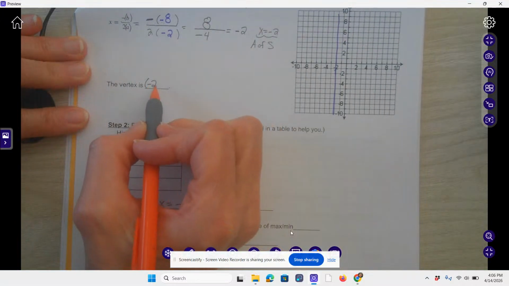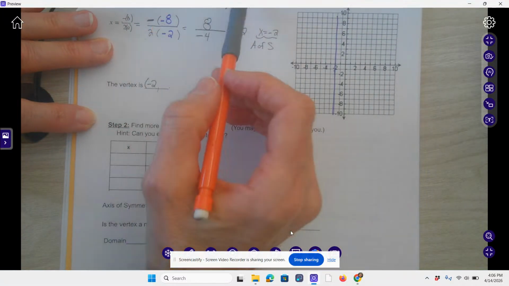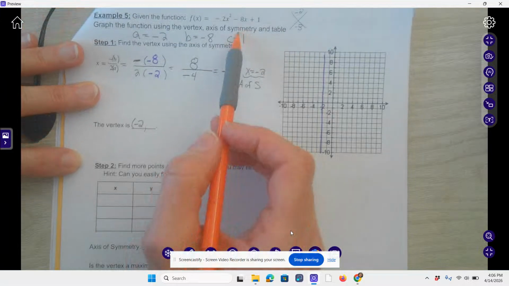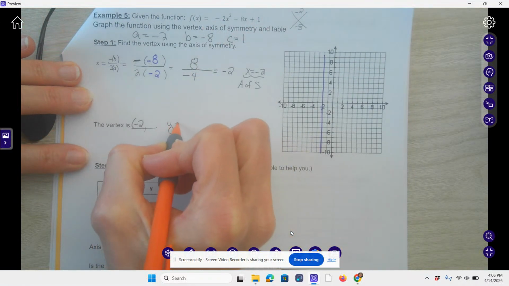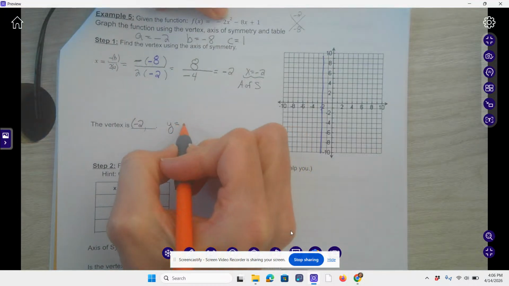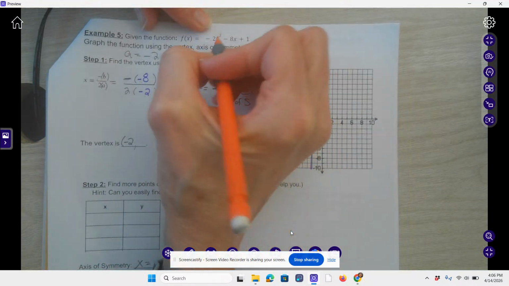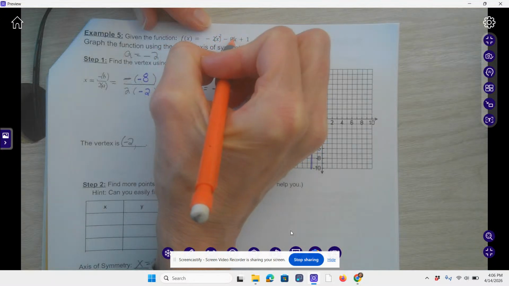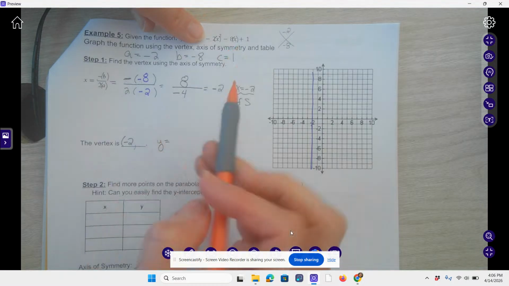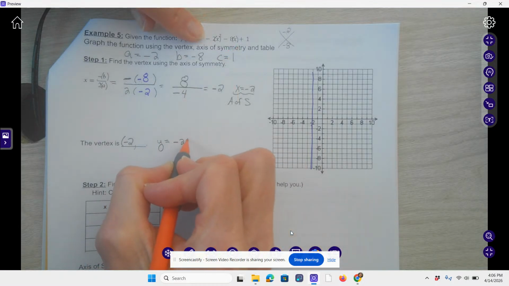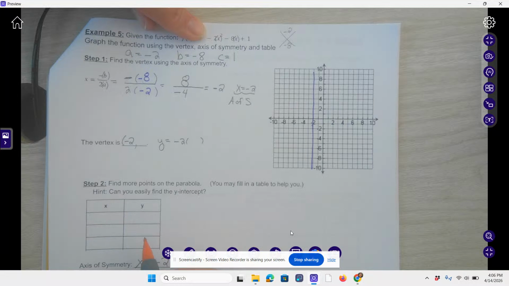Now, if we have an x and we want to find a y, that's when we go back to our original equation. Wherever there's an x, I'm going to throw it out and substitute in numbers. So I'm going to copy the negative 2, and then put parentheses, a big hole.